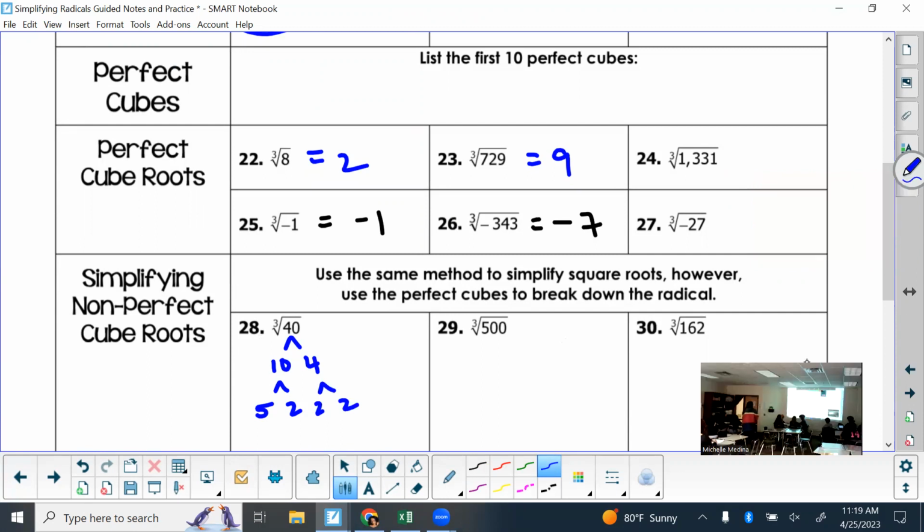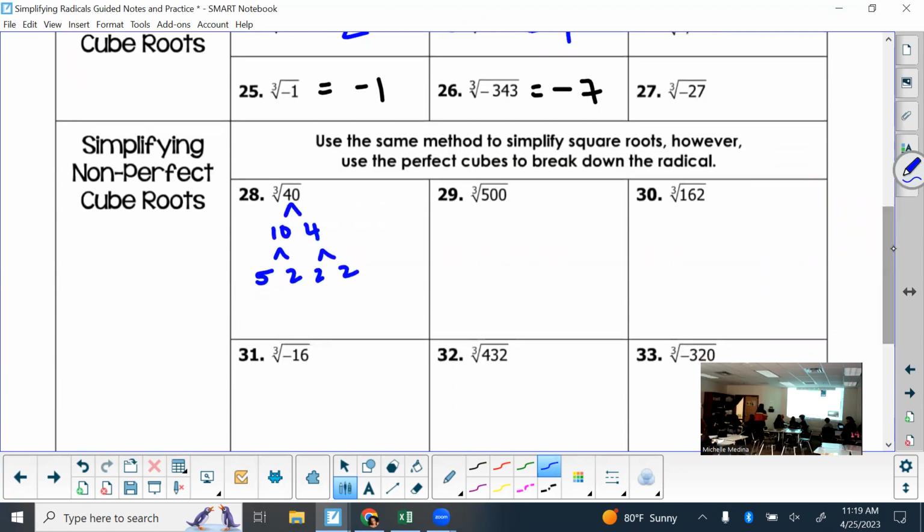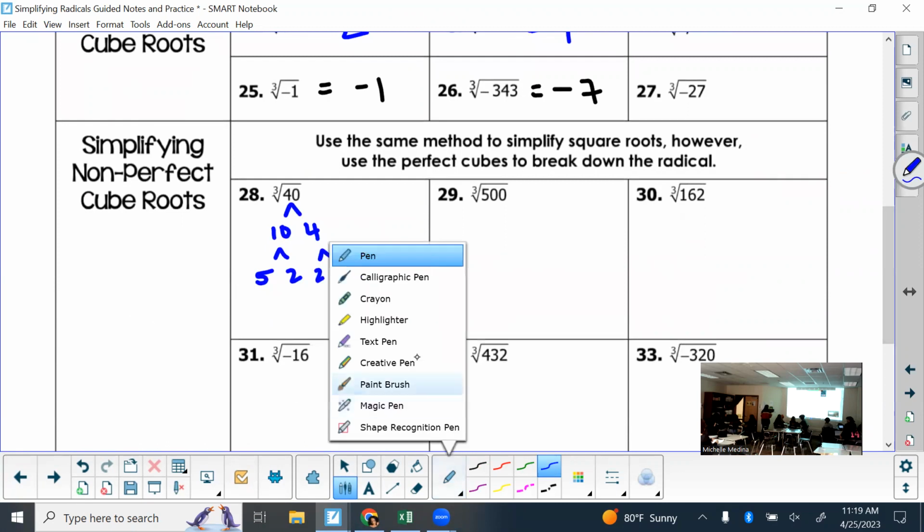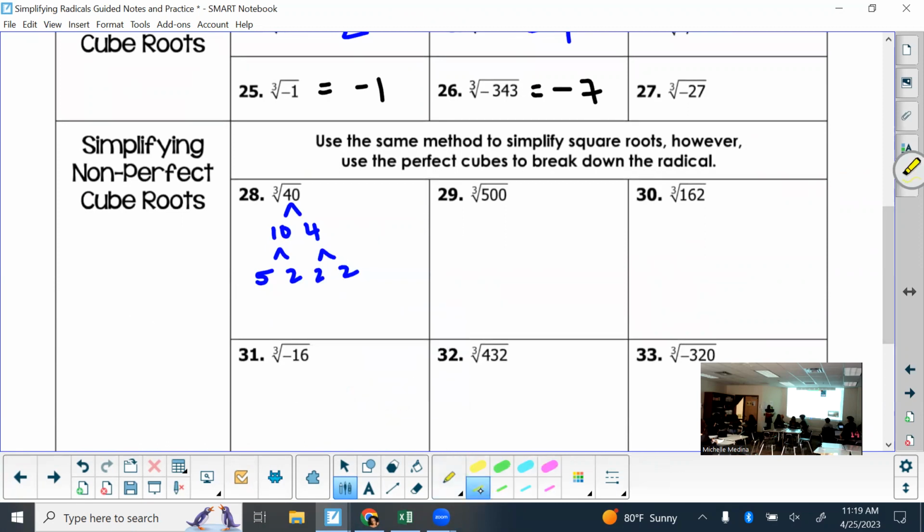Now, am I looking for pairs in this one? I am not, because the rule is 3. The little number that's written here for cube roots is usually not written for square roots. But in this one, it's a cube root, so I'm looking for 3 of the same number. Do I have that here? Yes, I have 3 2s.